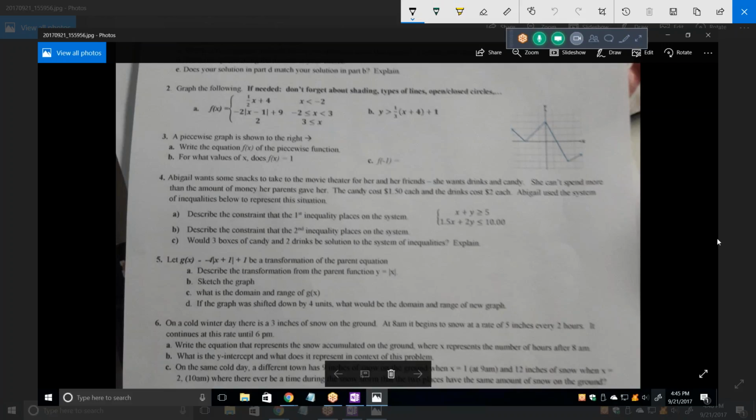Anytime you just have x to the 1 and y to the 1, you have a linear equation. It's going to be a straight line. What's my first step for graphing that? Let's say, first of all, I'm going to turn it into an equation. But in order to graph it, what's a nice, easy way to graph it? Put it in this format. Right. Okay. So it's not in that format right now. So get rid of the parentheses.